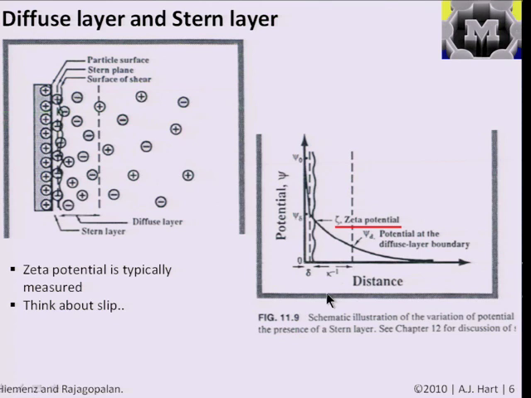But in practice, if you think about things like slip and flow, if these ions are effectively stuck at the surface, the real interfacial action is actually not happening right at the surface, but at the edge of this layer where you may have some ions stuck against it. So in reality, what we may physically be talking about is the net surface potential resulting from the surface charge plus the ions that are physically there and not the ions that are moving around.